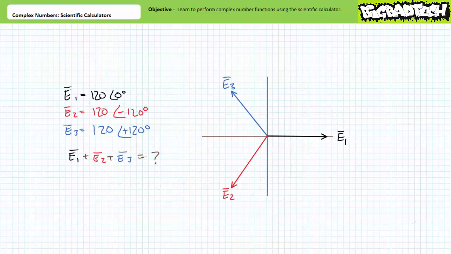Here's yet another oddity you may spot in the field. Consider E1 with a value of 120 at an angle of 0, E2 with a value of 120 at an angle of negative 120, and E3 with a value of 120 at an angle of positive 120. What's the result of the operation E1 plus E2 plus E3?